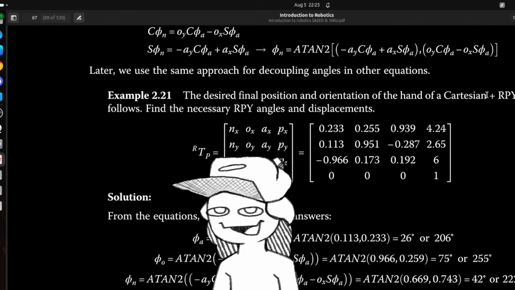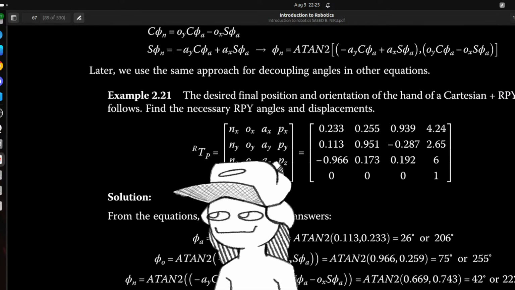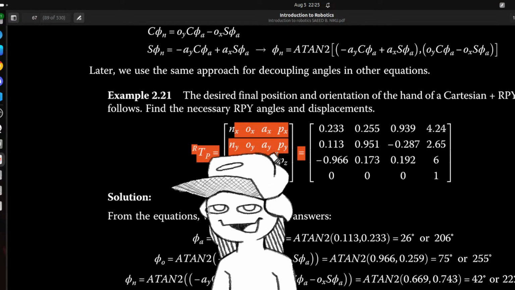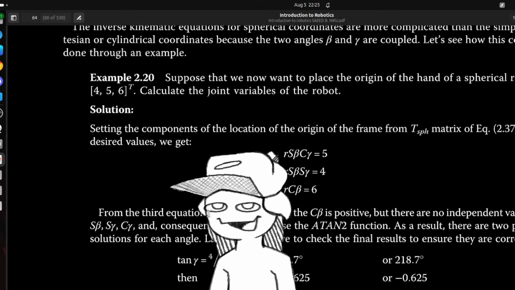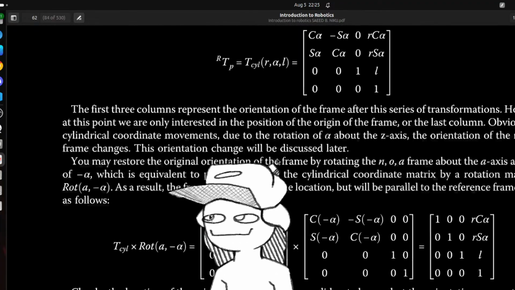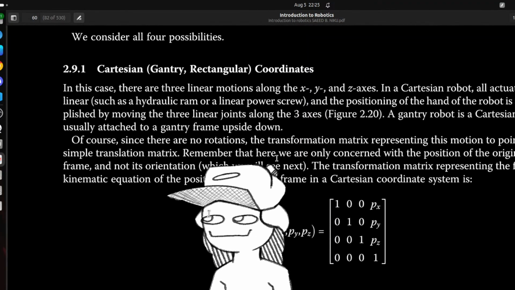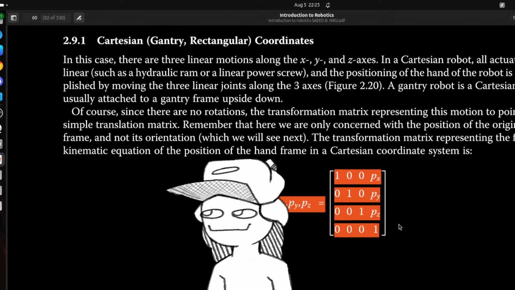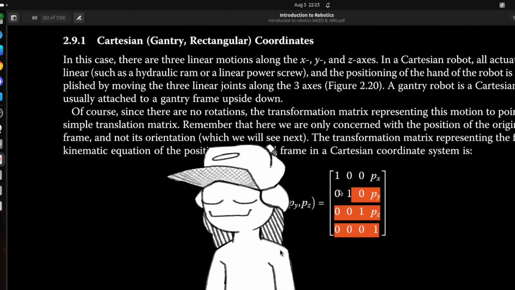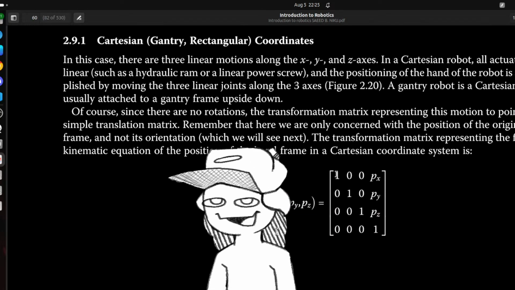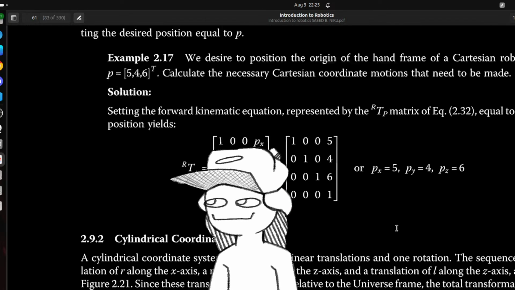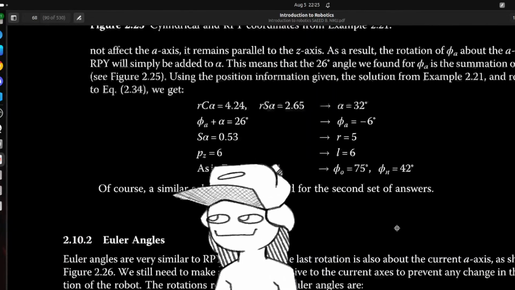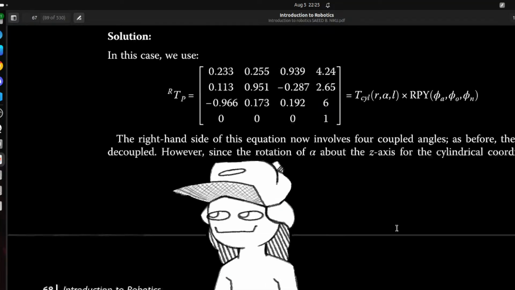This partition plus RPY. For partition. Yeah, as simple as this.